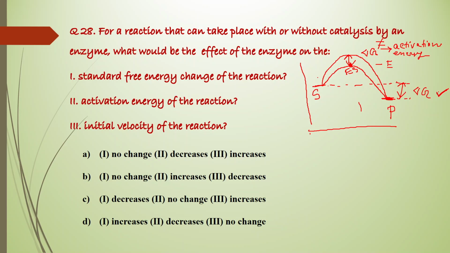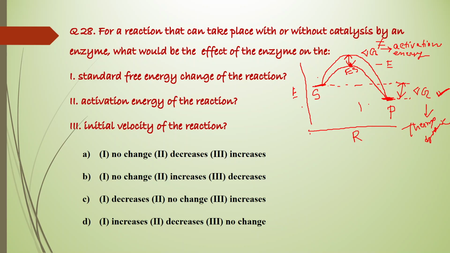The delta G here is a thermodynamic parameter. It only depends on the energies at which the substrate and product are standing. So if this is our energy coordinate on the y-axis and this is our reaction coordinate on the x-axis, then there is no change ultimately in the energy values in presence of enzyme or in absence of enzyme.